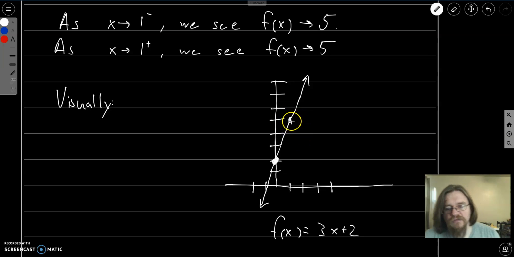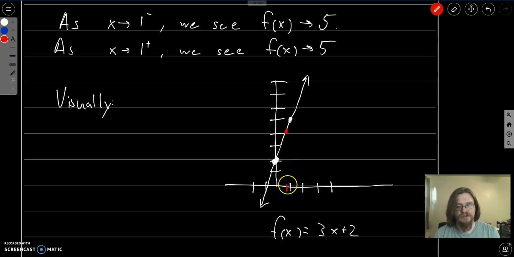So what all this means is if we plug in an x that is 0.9, we're plugging in an x that's right here. And we see that this is the dot that's going to represent where we are on this graph.